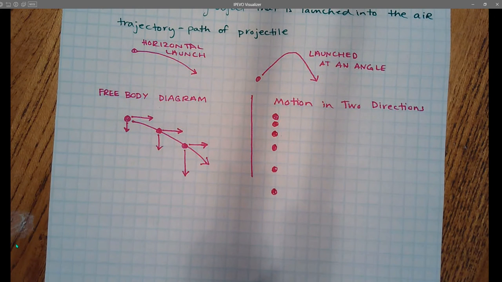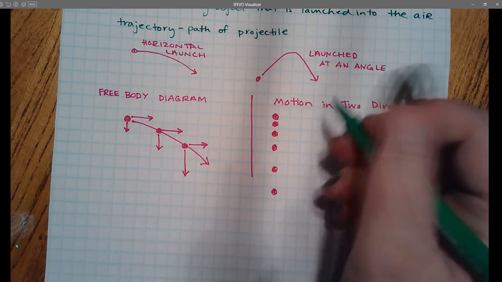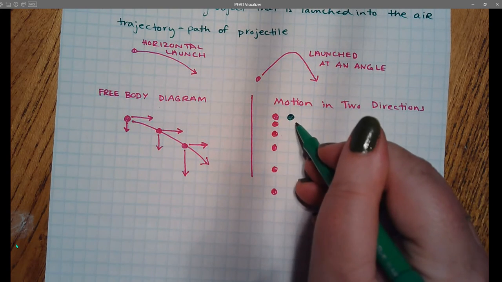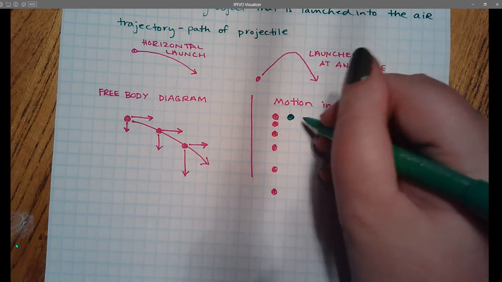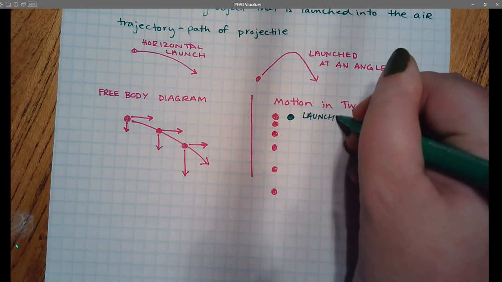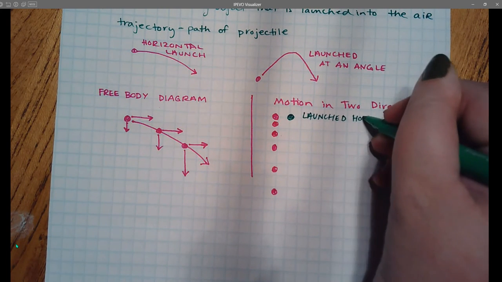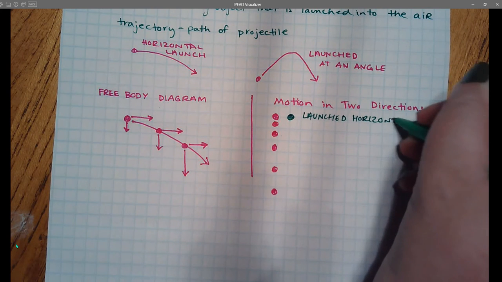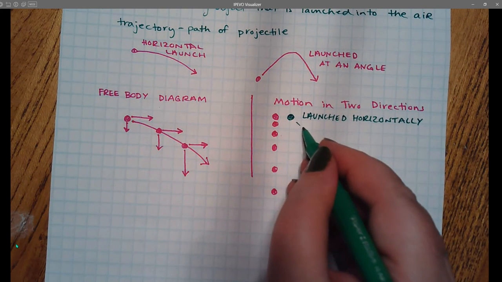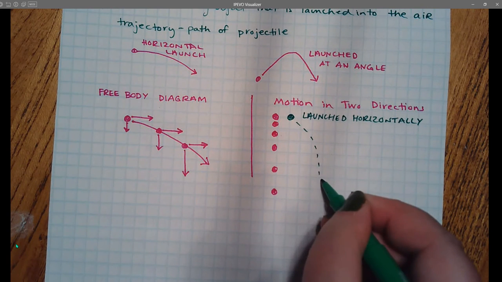So that's the path of the ball dropped straight down. Now if we consider the green ball going in kind of a parabolic shape, let's say it has been launched horizontally. It's going to follow kind of this path.